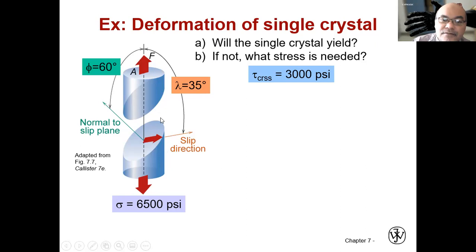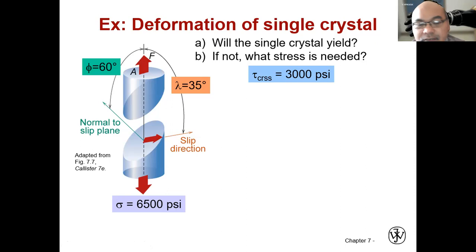So the lambda is 35 degrees between the force and the slip direction. The phi is 60 degrees, meaning the angle between the cross-sectional area of the ends of the bar and the normal of the slip plane. The angle is 60 degrees.